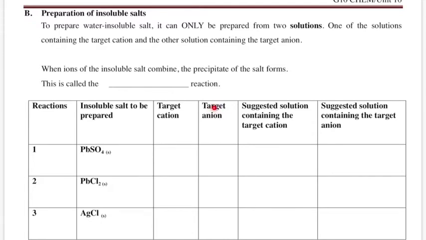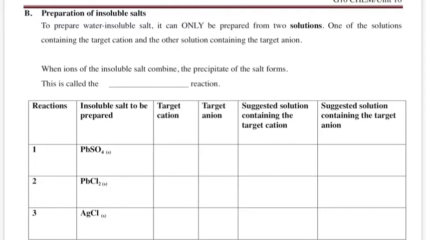Then we think about two solutions that contain the target cation and the target anion. Remember we need two solutions, and after we put them together, they're going to form the insoluble salt, which is a precipitate, the target salt.